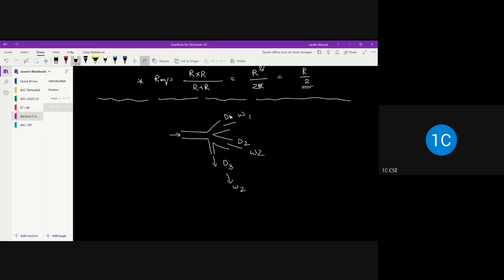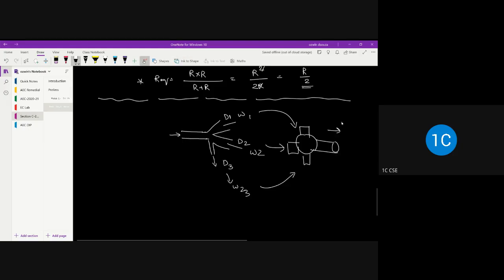In the end, if I were to provide a junction somewhere over here by connecting W1 here, W2 here, and W3 here, and if I provide an outlet, let's say this is my outlet, the water I have supplied from this end, the same water will come out of this end.